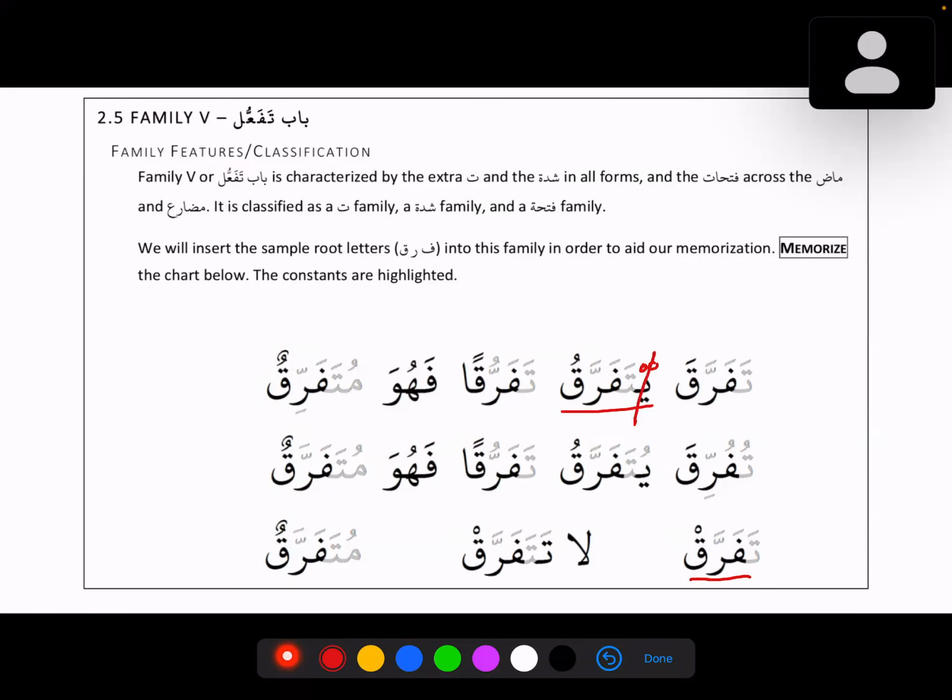I'm going to drop this ta and make it majzoom. So now I can read that: tafarraq. So it's readable. So it's very easy to turn into amr. Tafarraq, la tatafarraq. And mutafarraqun is the same as ism maf'ul, the zarf is the same, right?